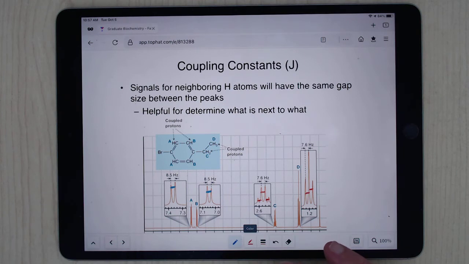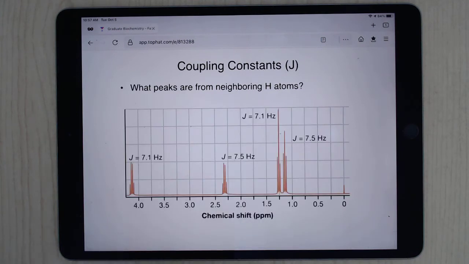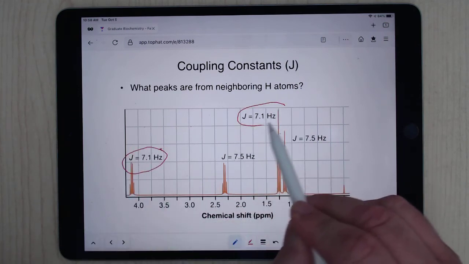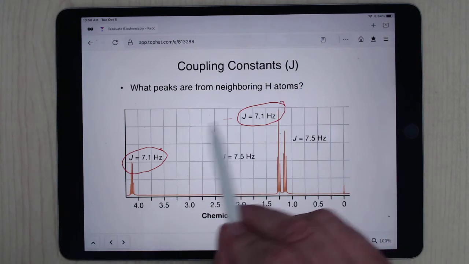We can tell that. And I don't know why it's represented by a J, but it is, for whatever reason. If the computer comes in and tells you what the coupling constants are, what you'll find is that these peaks and these peaks here are splitting.